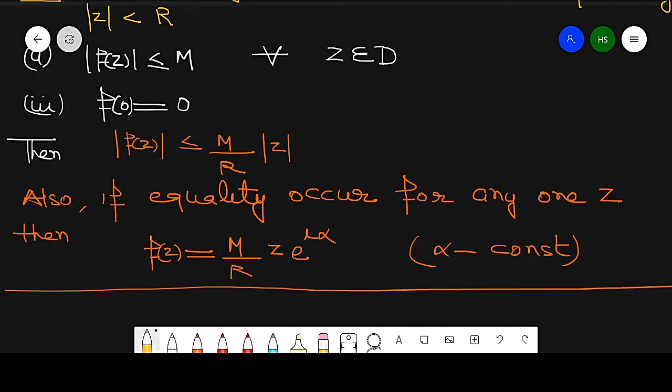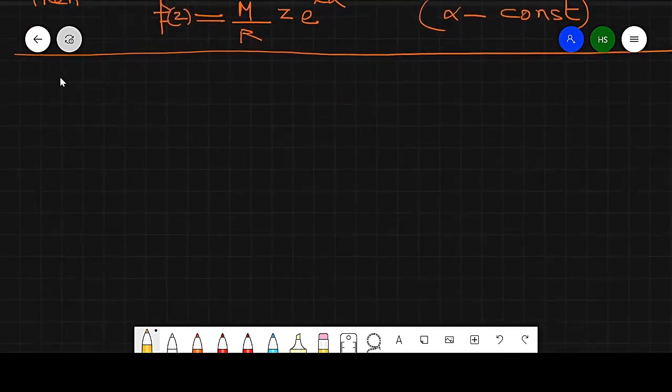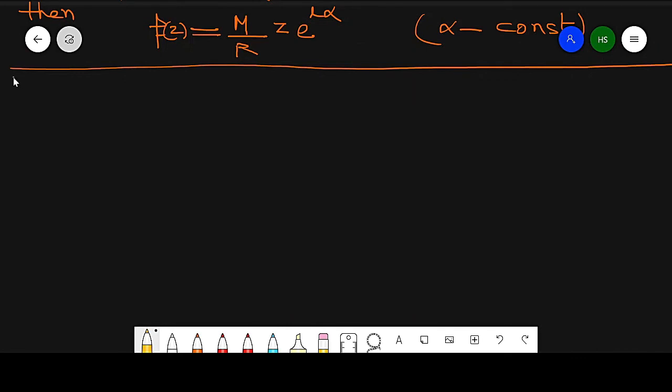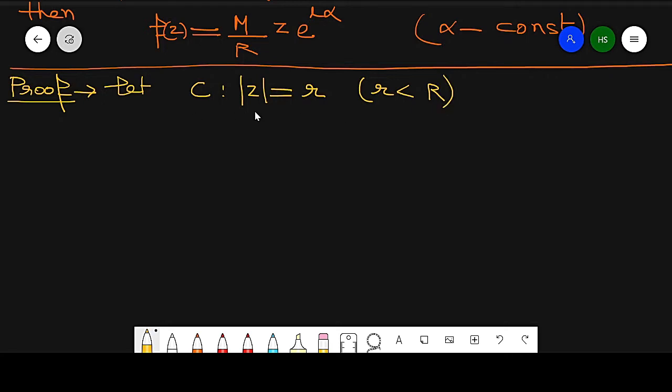So how we will prove this result? Now the given domain is a domain with center origin and radius capital R. So that is the given domain. So I take some neighborhood inside that domain. So I take C, which is a circle modulus of z equal to small r, where small r is less than capital R. So this is a circle inside the given domain.